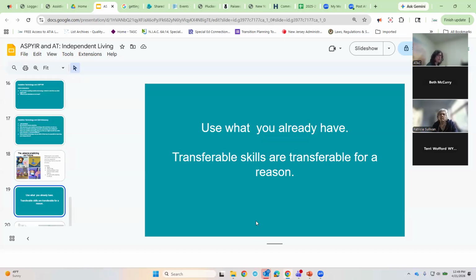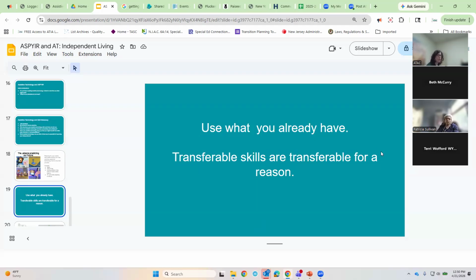So, assistive technology that's used for something in particular can become assistive technology that's used for something else later on. You want to make sure that you think about ways in which the assistive technology that you've used previously can assist you in your future and how you can use the same devices for different needs.